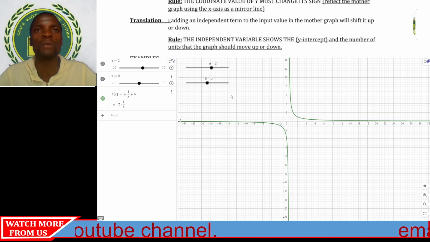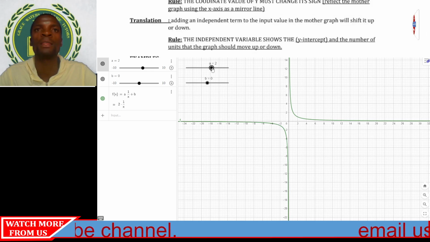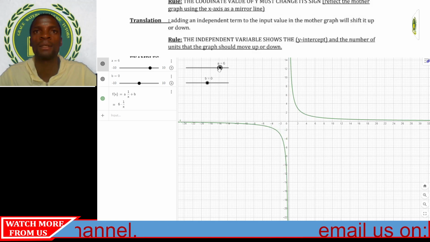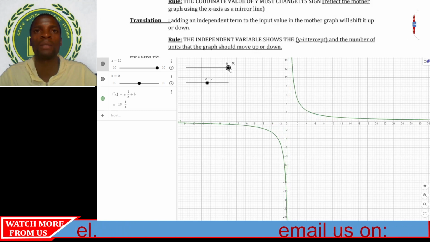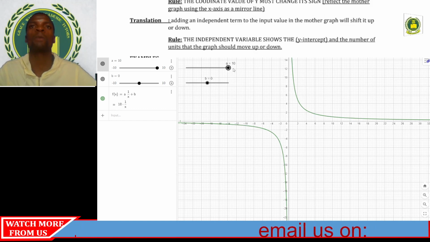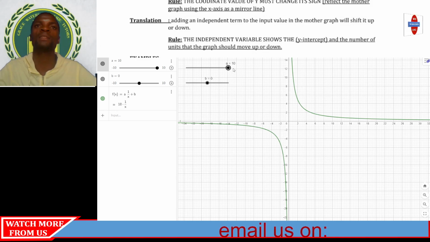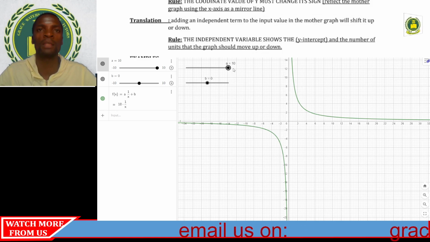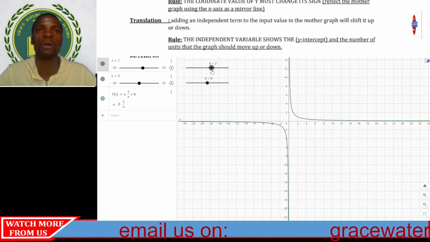The moment we increase the value of a, the graph tends to go further from the asymptotes. Now, 8, 10. Instead of getting closer, they get further. When the coefficient increases, they tend to go further from the asymptotes. That's the rule.